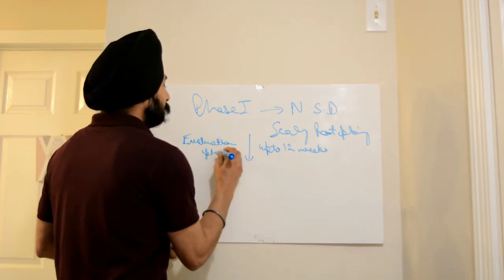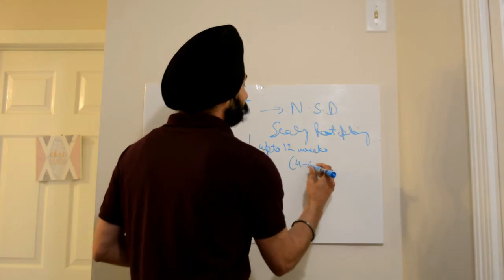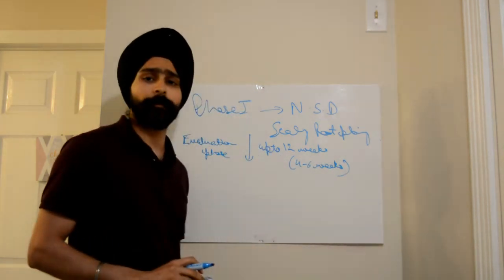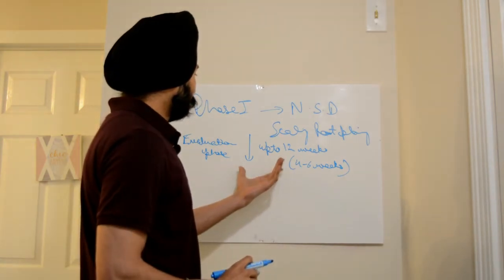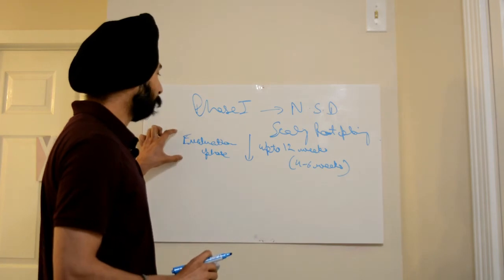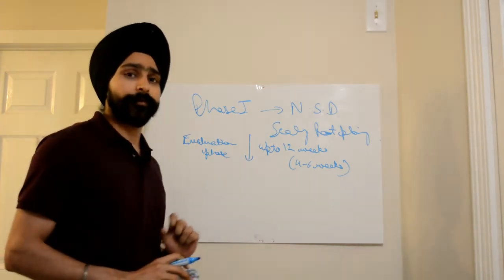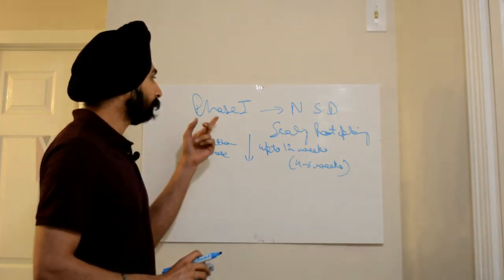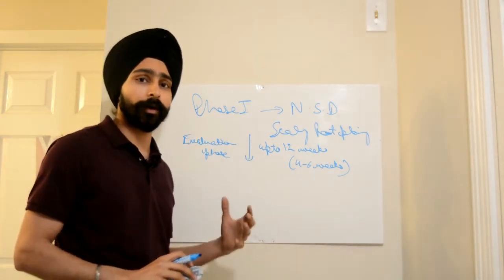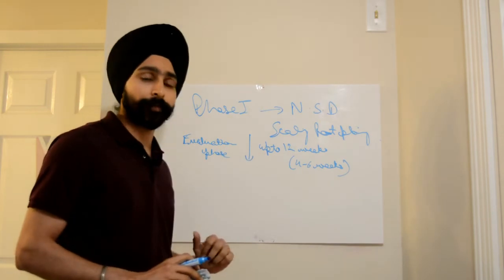Generally this phase is around 4 to 6 weeks, but its maximum limit is 3 months or 12 weeks. Depending on how the patient took care of himself in the evaluation phase, the dentist will decide whether the patient will go towards phase 2, or he will go into the maintenance phase, or into phase 1 again.